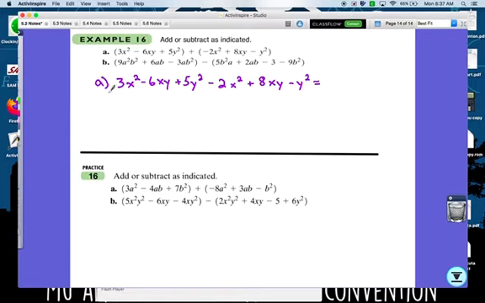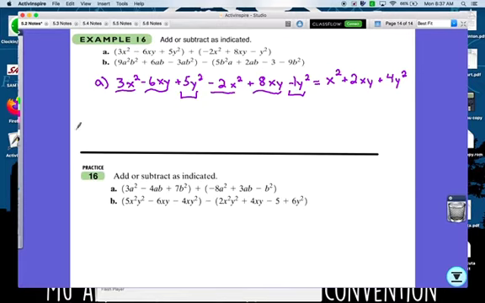I combine like terms. 3x squared minus 2x squared. 3 minus 2 is 1. So 1x squared. I've got minus 6xy plus 8xy. Minus 6 plus 8 gives me 2xy. And then 5y squared minus, that's an understood 1. So 5 minus 1 gives me 4y squared.